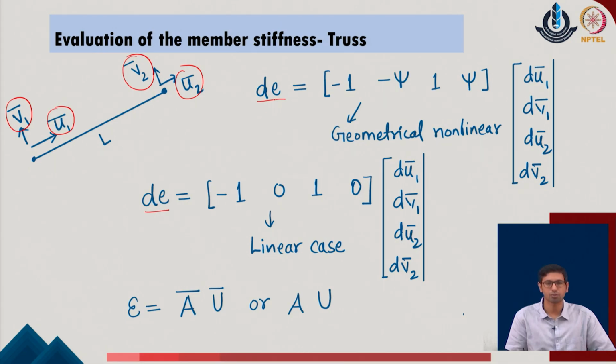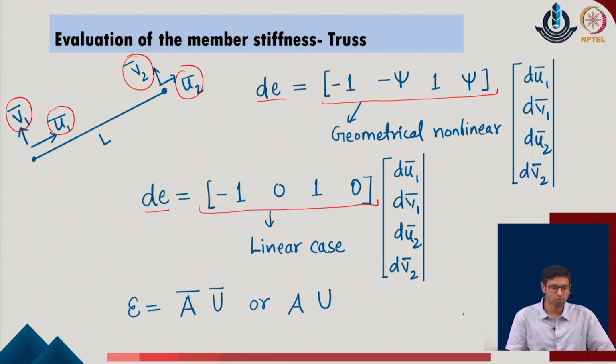Now, this change in length of the member can be defined if we have large displacements available, which means the geometrical nonlinear analysis, or in case the displacements are not large, we can also follow the simple relationship with respect to the change in the length of the given system.